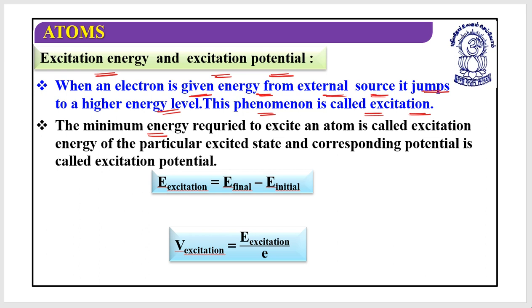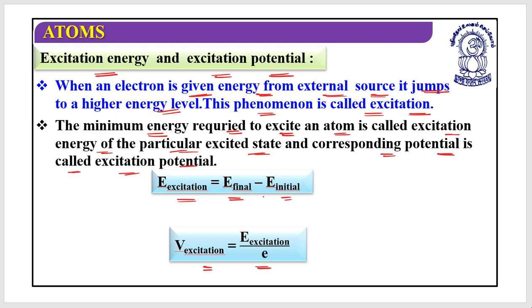The minimum energy required to excite an atom is called the excitation energy of the particular excited state, and the corresponding potential is known as the excitation potential. Excitation energy is the energy in the final state minus the energy in the initial state. And excitation potential would be equal to excitation energy divided by e. I hope this is clear.